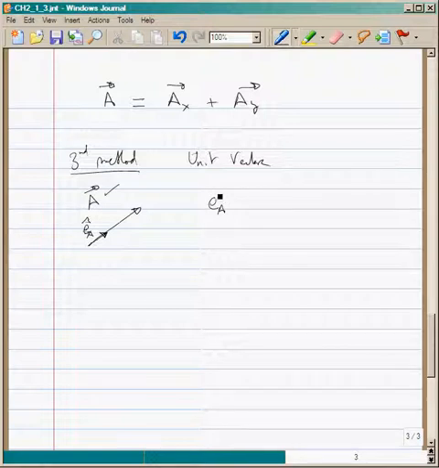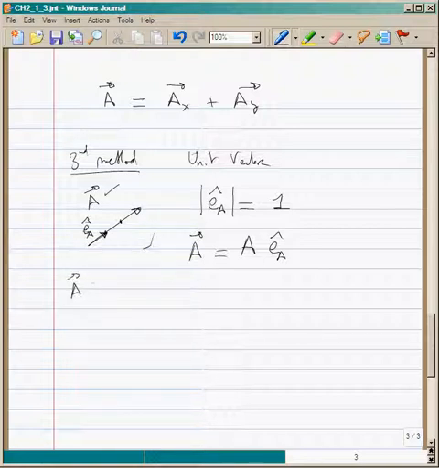So unit vector EA, which I write with a little hat, has the property that the magnitude is 1 all the time. Therefore, you can write your vector A as this little unit vector times the magnitude of your vector. For example, in this case, if you have to use 1 time, 2 times, and 3 times your unit vector EA, then A would be 3 EA, and the magnitude A is 3.